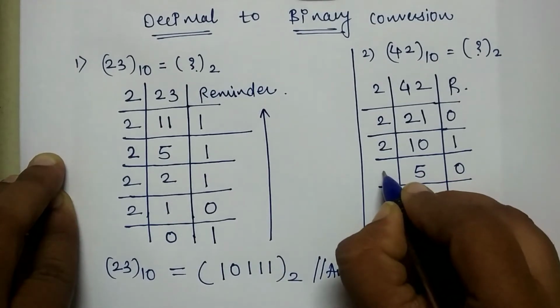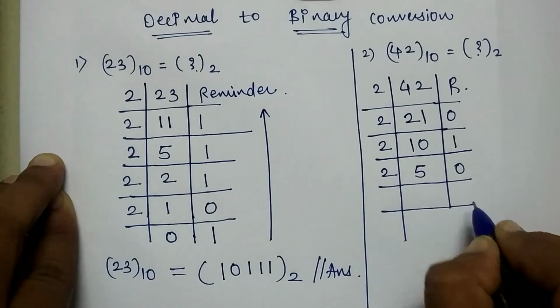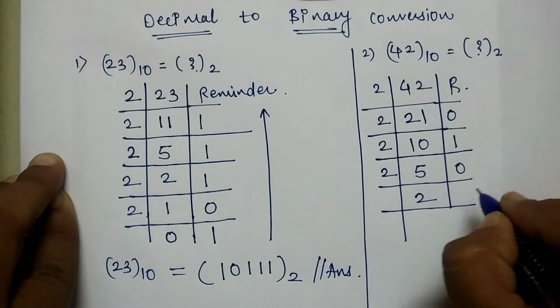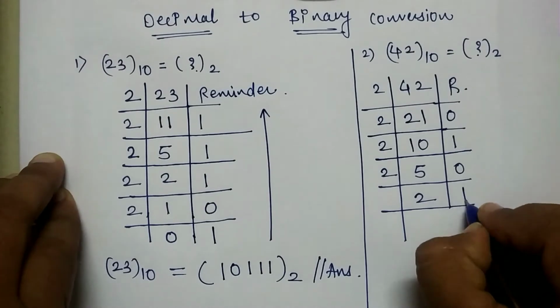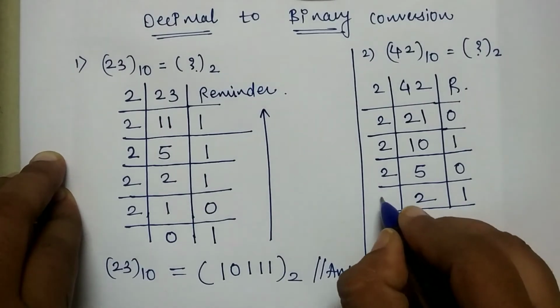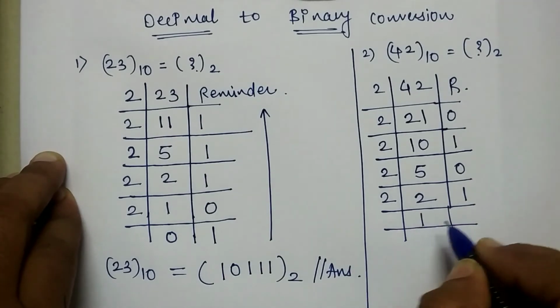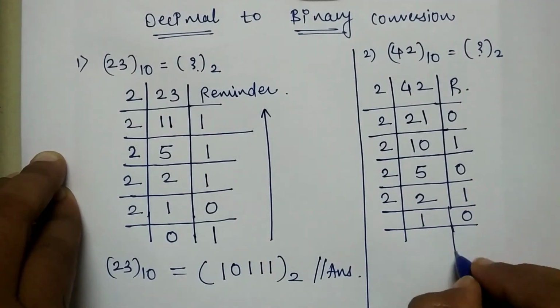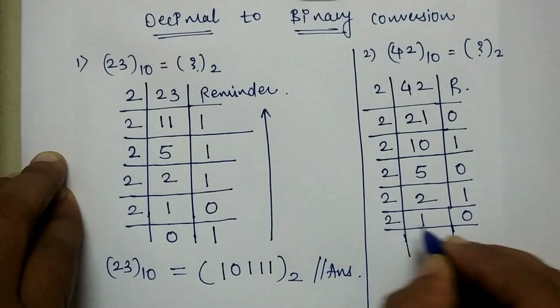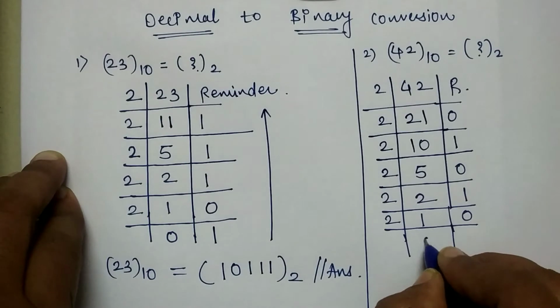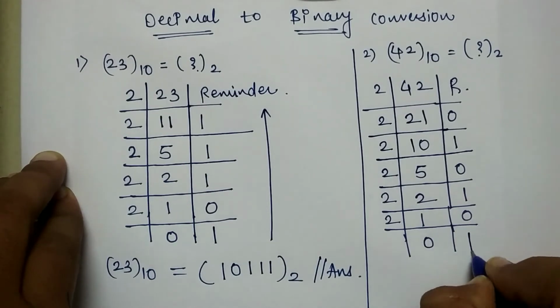If we divide this 5 by 2, the quotient is 2 and the remainder is 1. If we divide this 2 by 2, the quotient is 1, remainder is 0. And now if we divide this 1 by 2, it is not divisible by 2, so we will write 0 here. This 1 is transferred here.